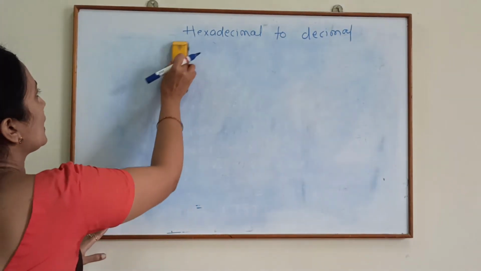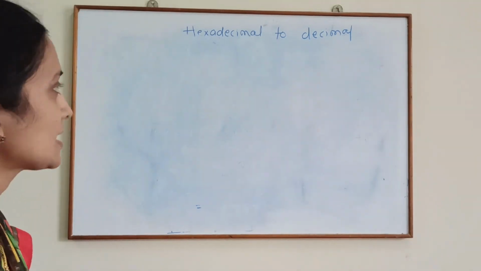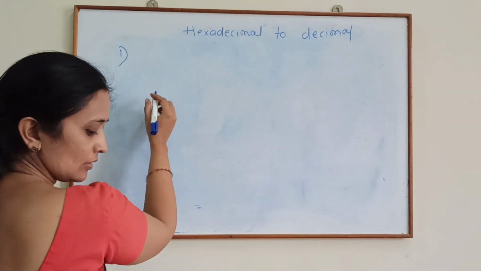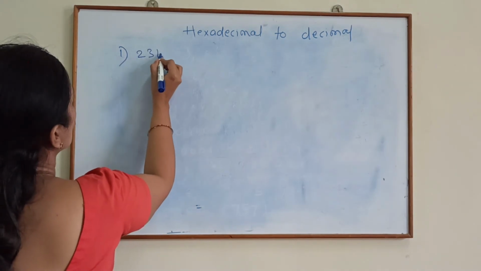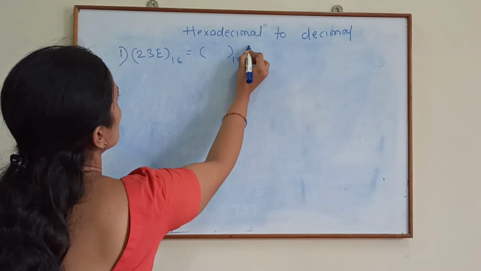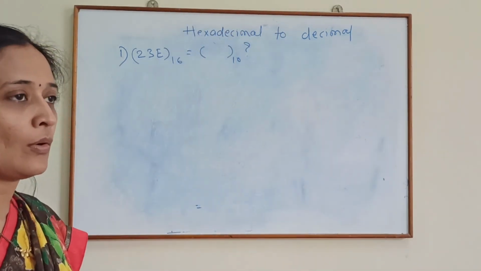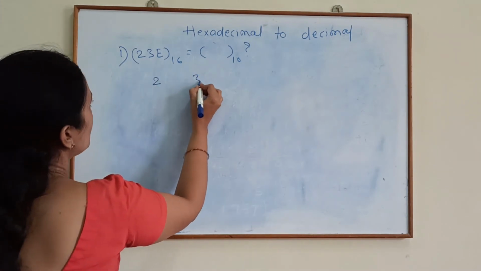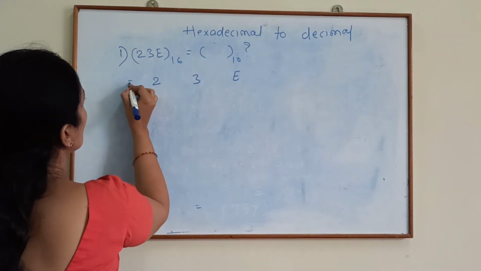To explain this method, first we will take an example. First example is 23E. This is a hexadecimal number and we are converting this into decimal. First step is separate the digits: 2, 3, E.